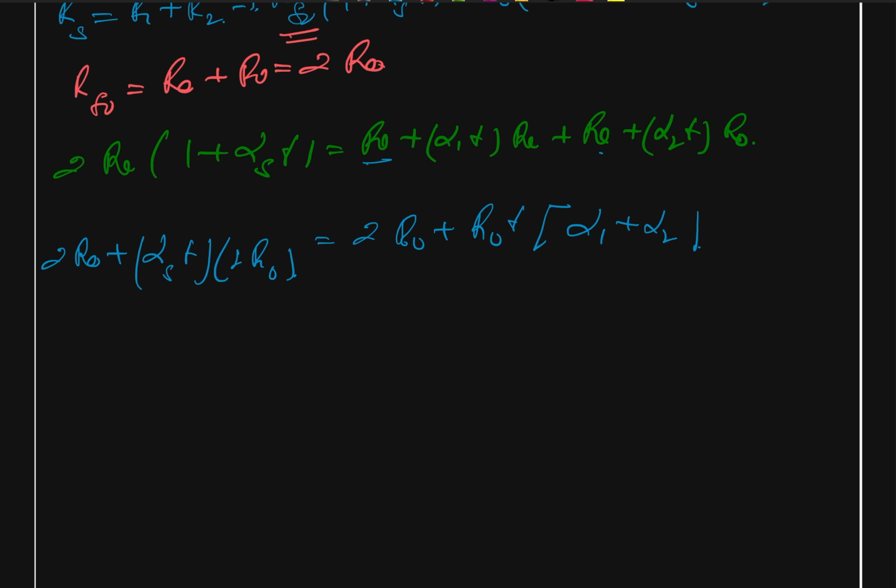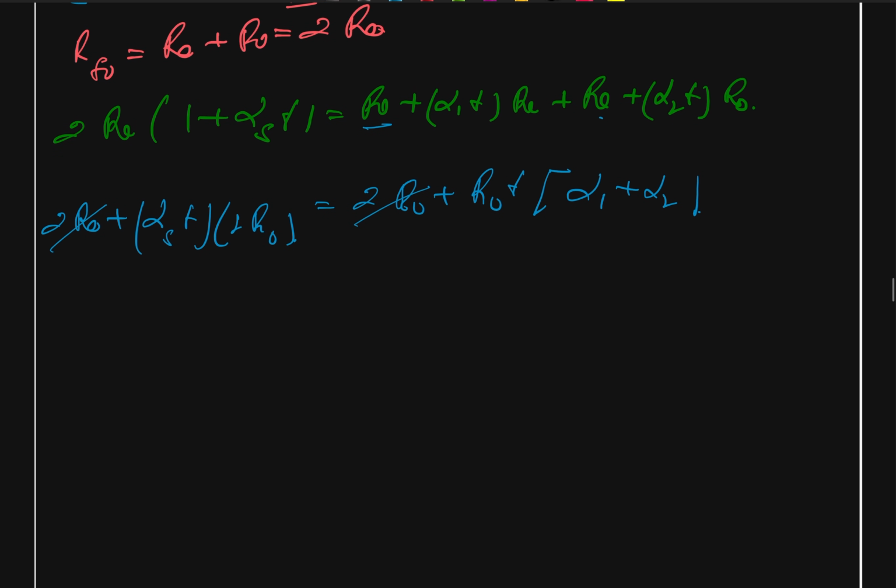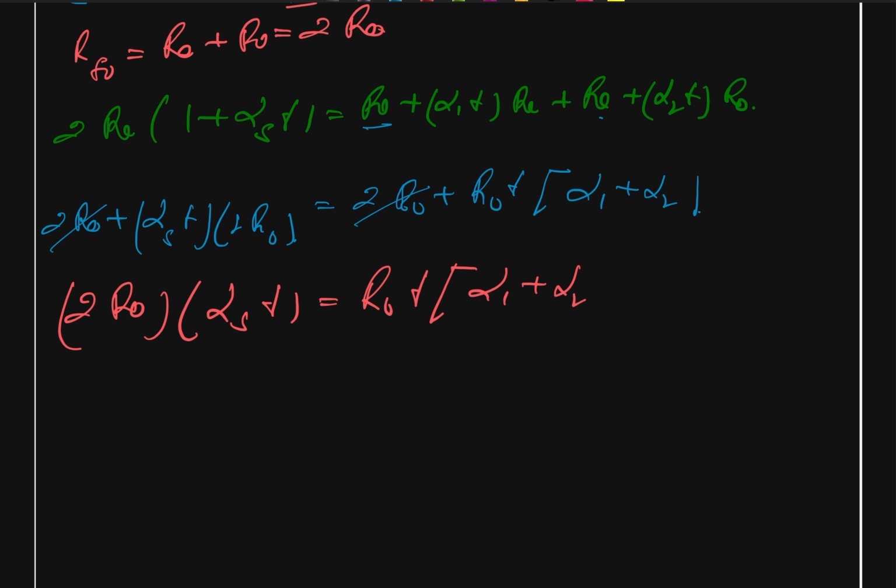Here the twice R naught cancels out, and we will be left with twice R naught times alpha S T is equal to R naught T (alpha 1 plus alpha 2).